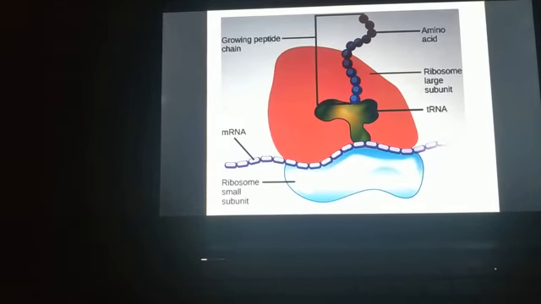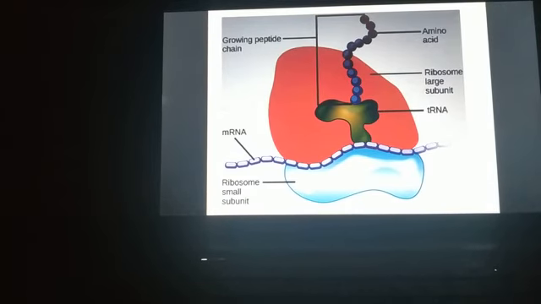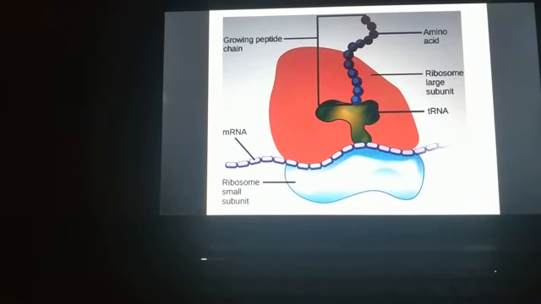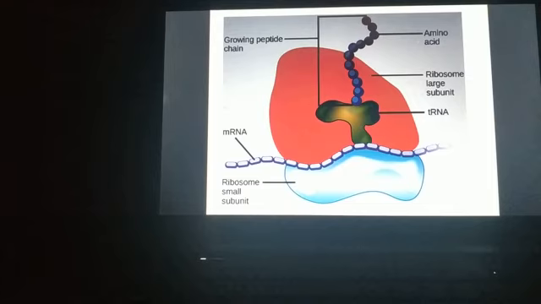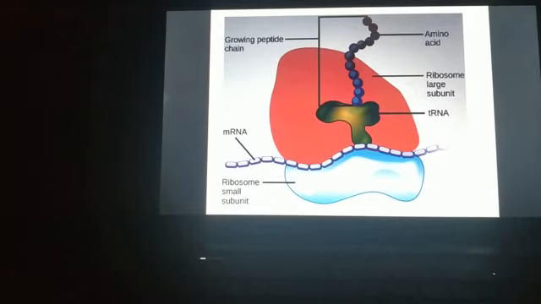From DNA we get RNA: DNA gets transcribed to RNA, and the process is transcription. From RNA, proteins are formed, and the process is called translation. So ribosomes help in the process of translation.